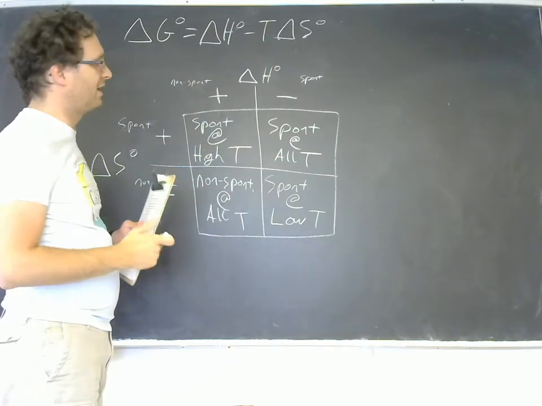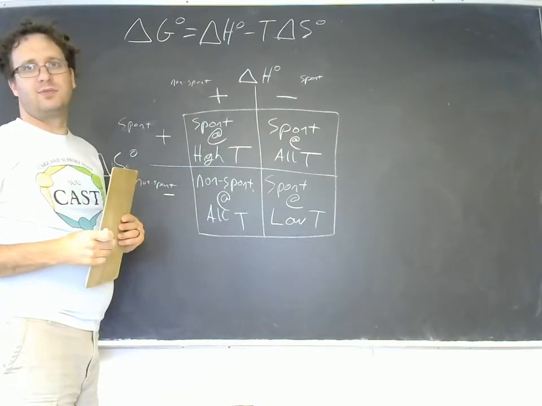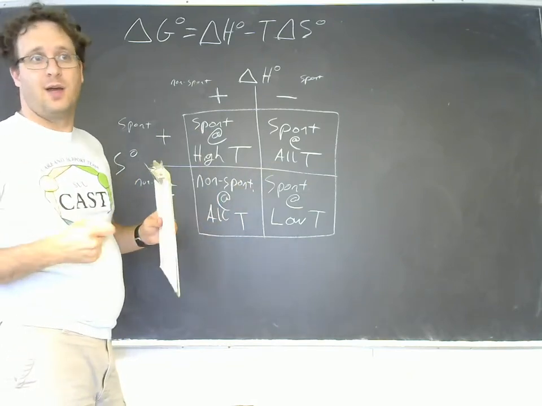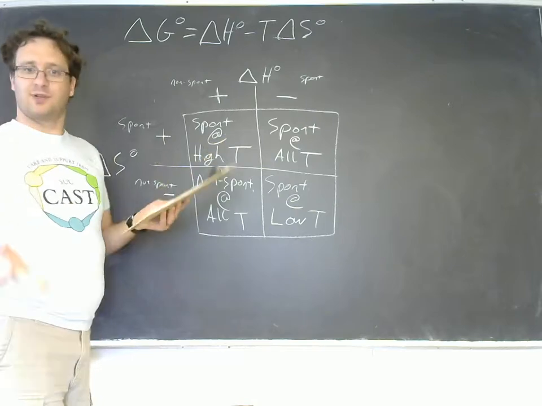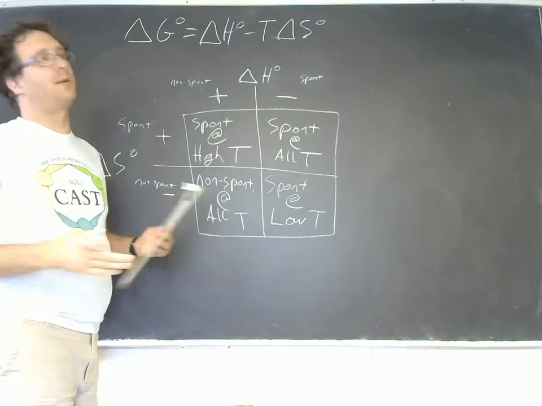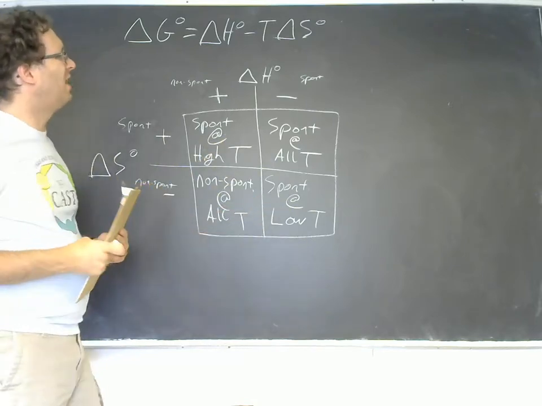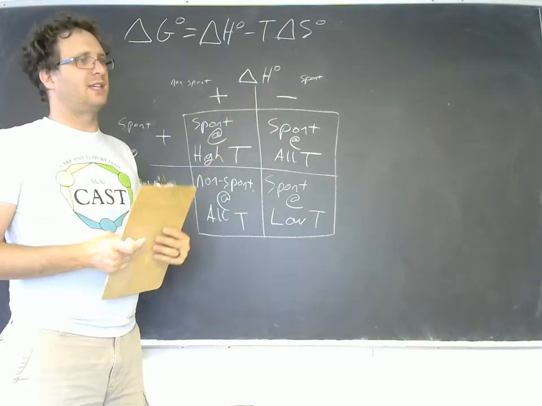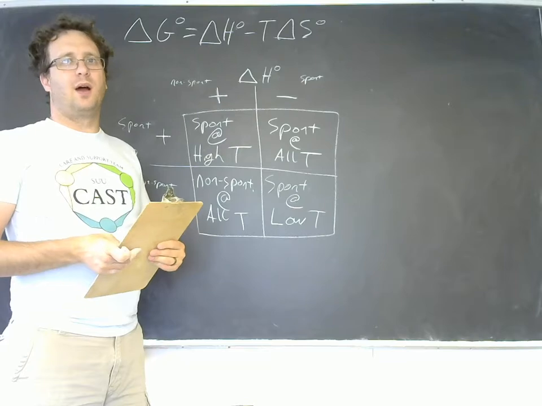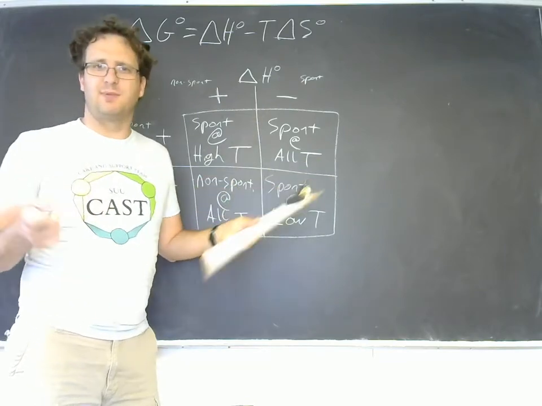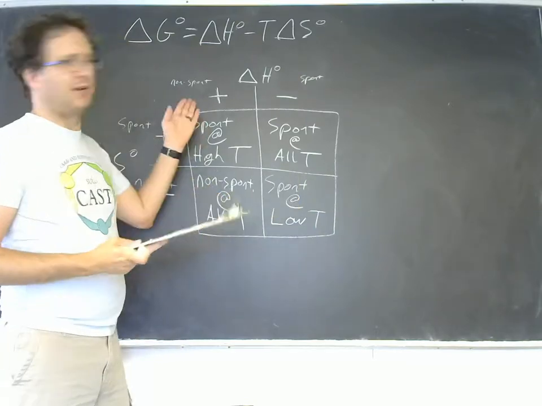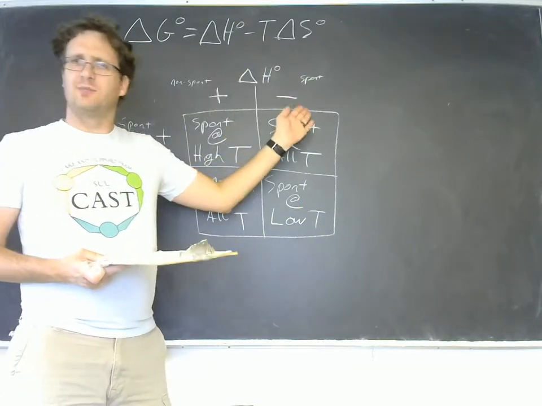And then we can go the other way. We can say, what about water freezing? Does water freeze at high temperatures or low temperatures? Obviously at low temperatures. Water freezing is an exothermic process, and that might seem a little bit less intuitive than the ice melting example, but you can just say it's the opposite of ice melting. So if ice melting is endothermic, then water freezing must be exothermic.